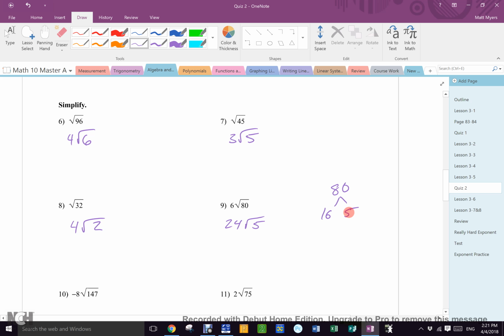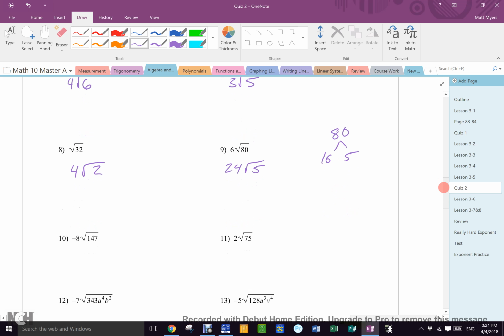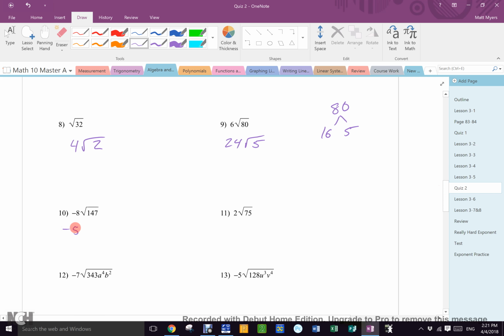Okay, Ash. Negative 56 root 3. Yeah! And number 11. Okay, Ash, even though I heard her say it, but you can say it. 10 root 3.